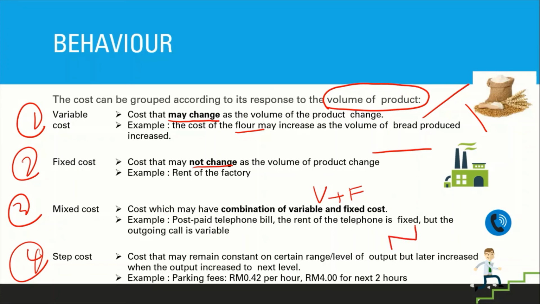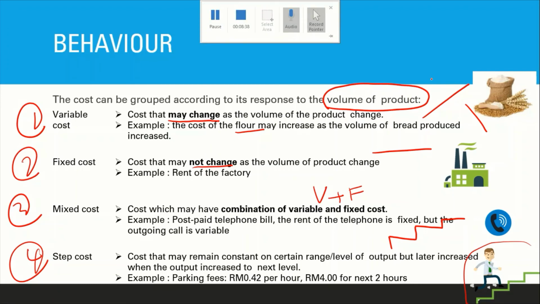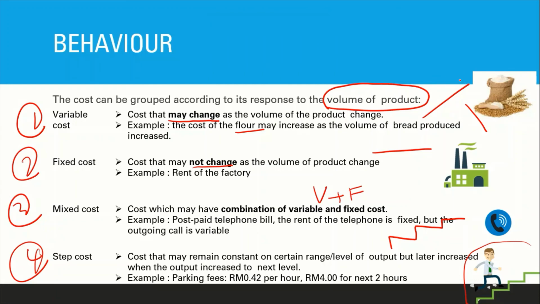They go up one by one. See, like this, you go up one by one. They don't go up directly like variable costs. They go slowly, from one step to another step.